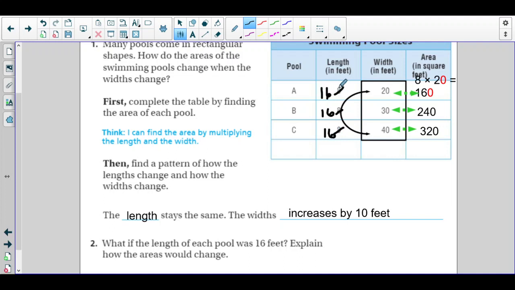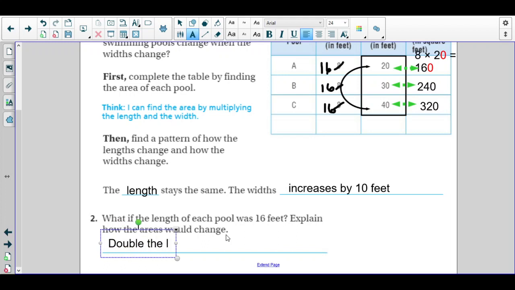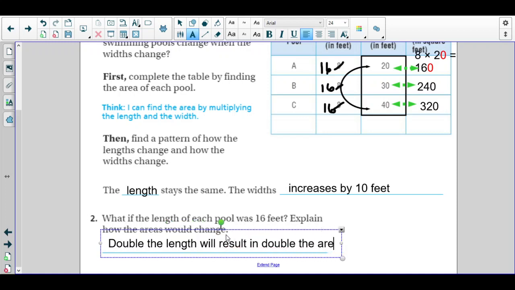If we doubled the length, what do you think is going to happen to the area? All right, and we've discussed this in a previous video. Double the length will result in double the area.